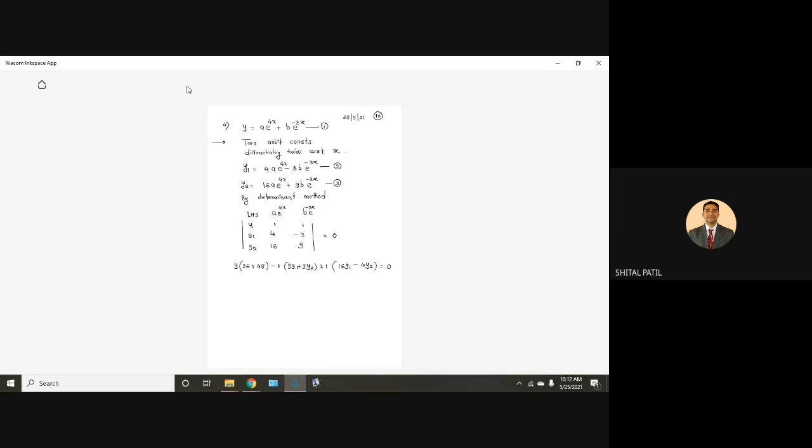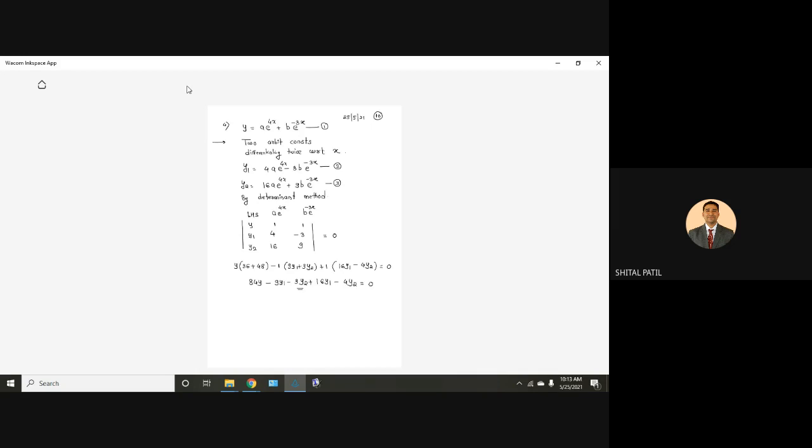Simplify this. 84y minus 9y1 minus 3y2 plus 16y1 minus 4y2 equal to 0.